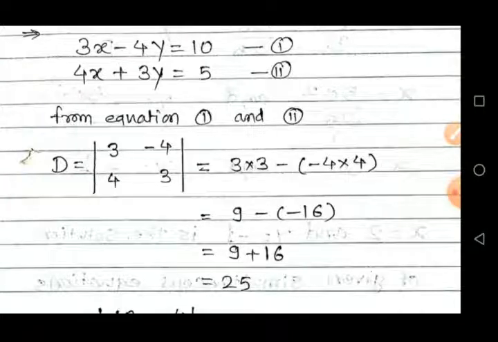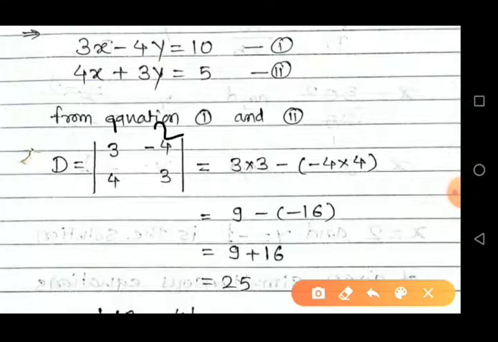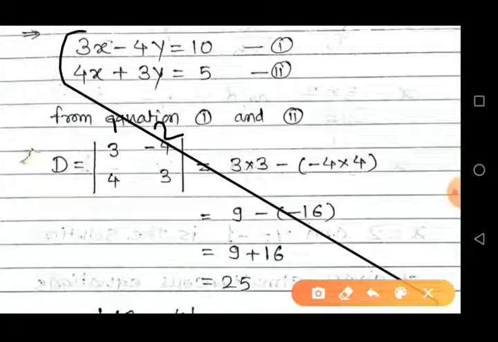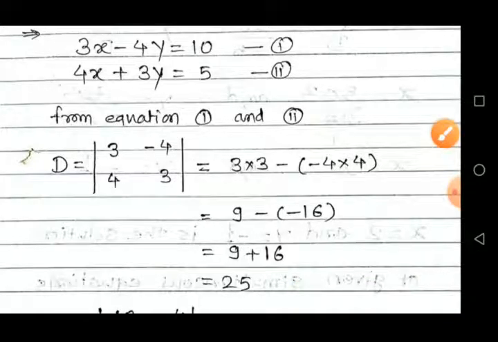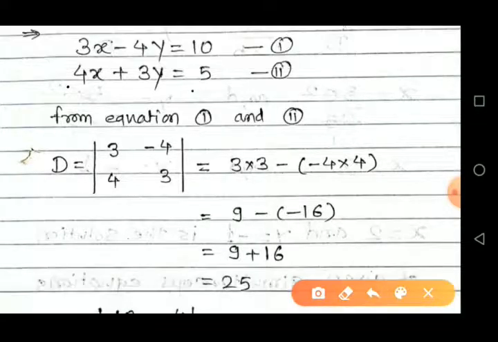D is equal to, in between two vertical lines. To prepare the determinant D, I have suggested the number 12. That means this is 1 and 2. 1 means the values of A1, A2. These are 3 and 4.